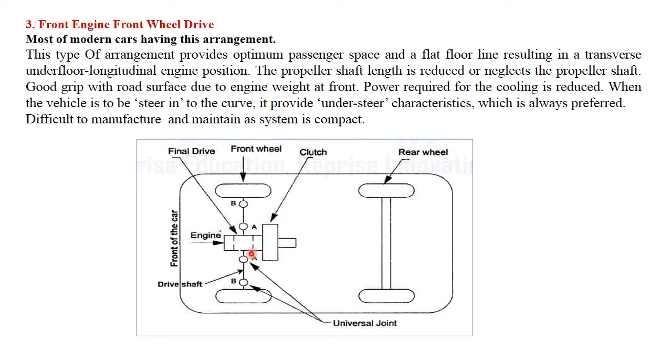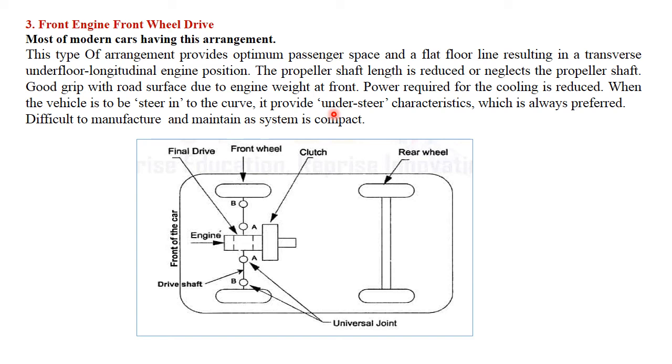That is difficult. Again, when the vehicle is to be steered into a curve, it provides an understeer characteristic. Understeer is the exact opposite of oversteer. In oversteer, our intention is to drive the vehicle with a smaller angle, but the vehicle turns with a larger angle.